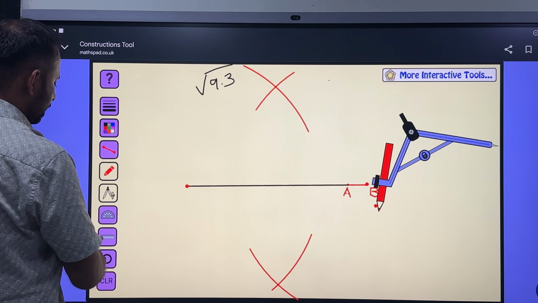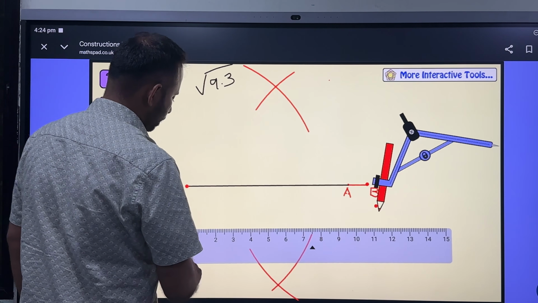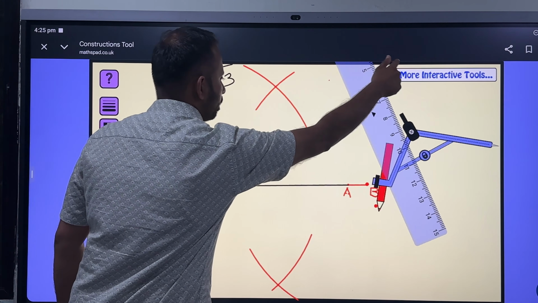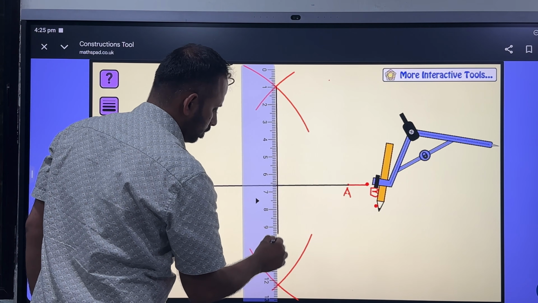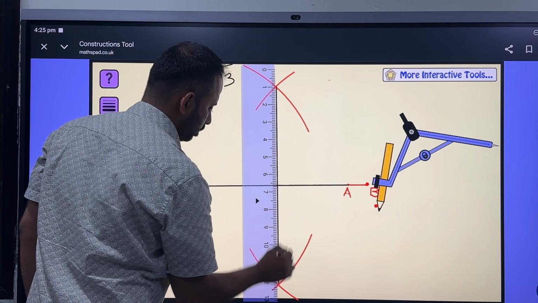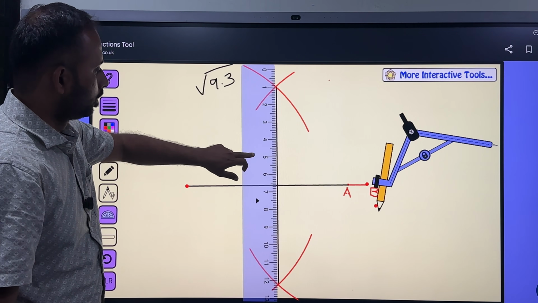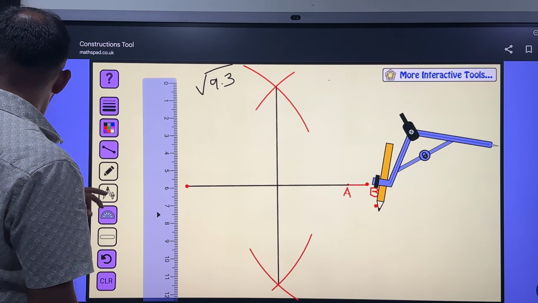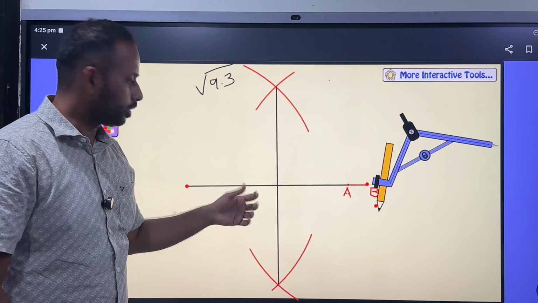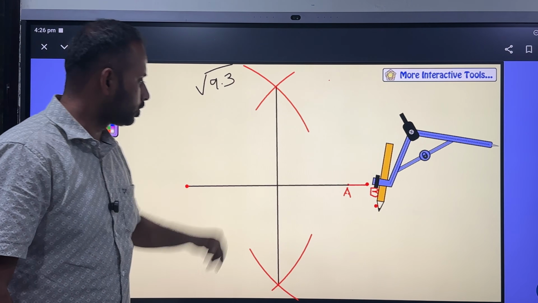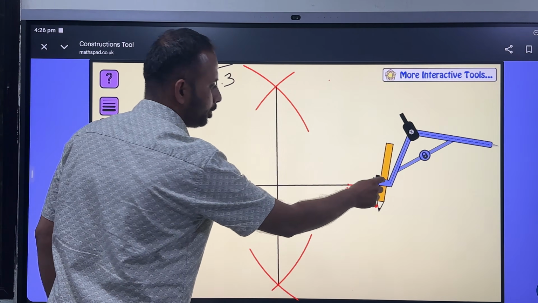So using a scale, join these two arcs. Okay, that's it. As you know, we got the center point of this line. From there we're going to draw the semicircle.